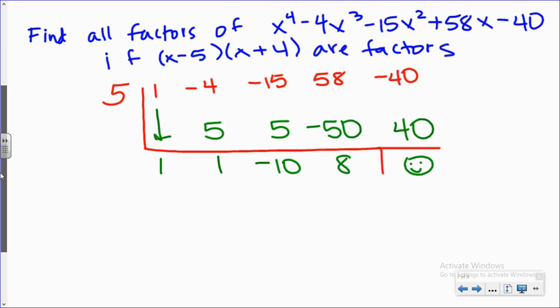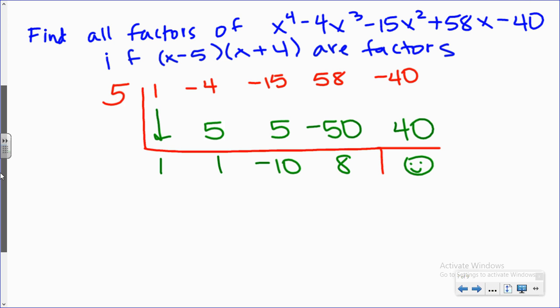Now, Colby, can you be a little bit more specific as to what you were saying earlier? It's like the rest of the answers that we have there, like 1, 1, negative 8, we synthetically divide that by negative 4. Right. Don't take a step backwards and go to your function. We already divided out x minus 5.